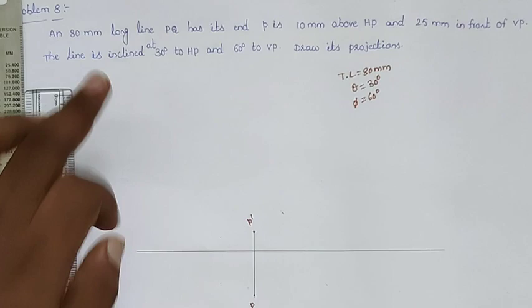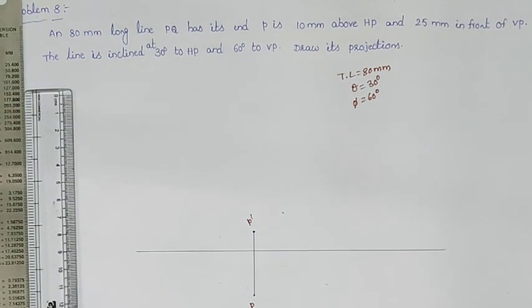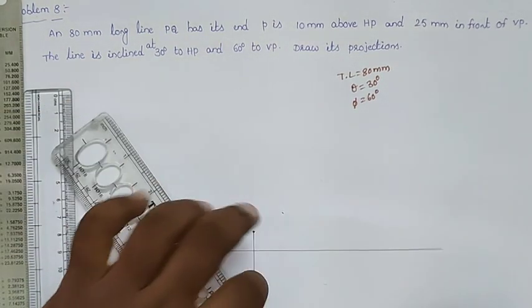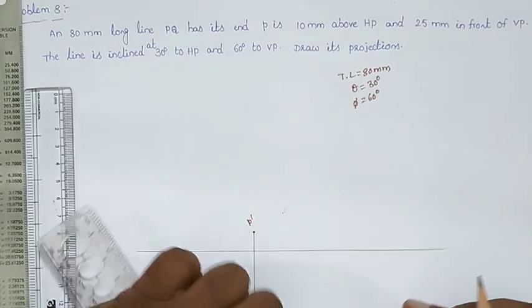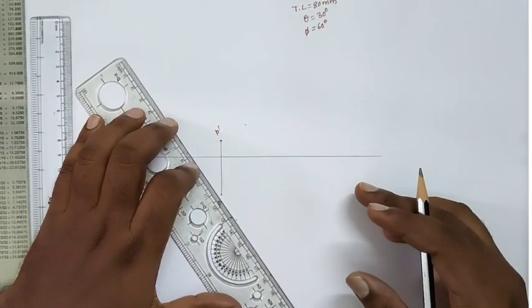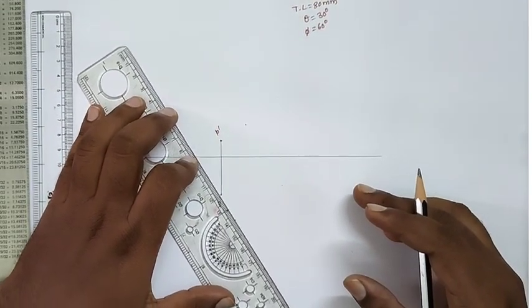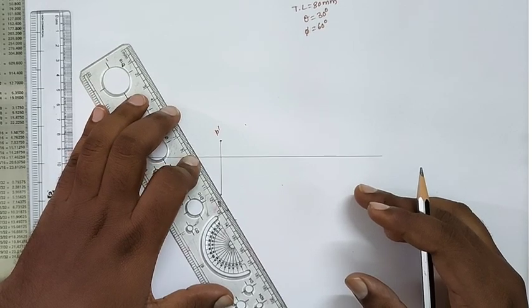And draw the true length of the line, 80 mm, in the 60 degrees angle, and in the 30 degrees angle we will draw the 80 mm true length of the line.